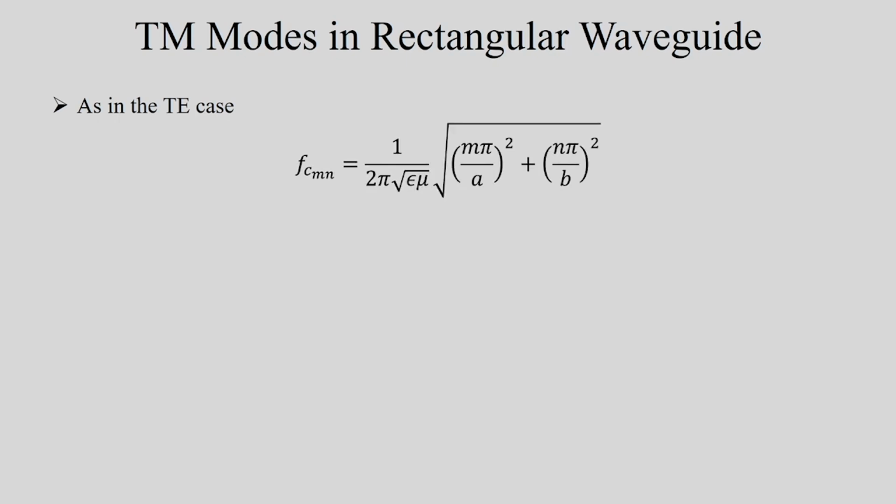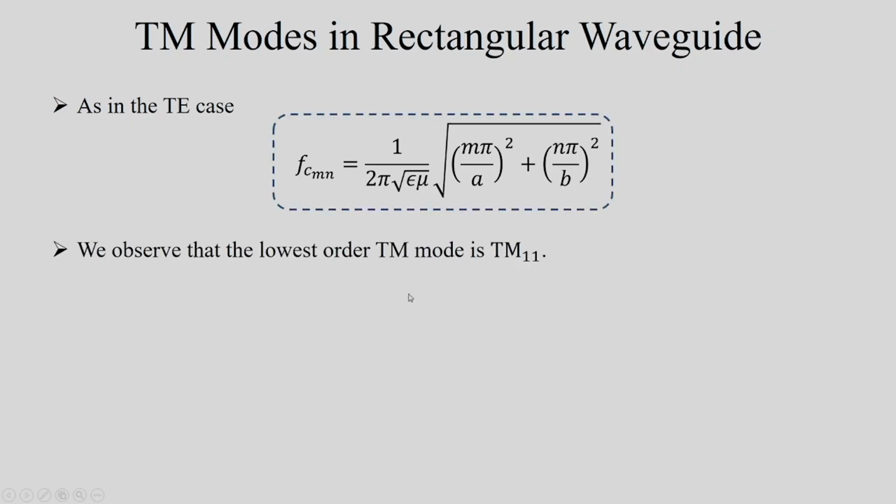As in the TE case, we have f_c,mn, the cutoff frequency, given by 1 by 2 pi root mu epsilon times the square root of (m pi by a) whole square plus (n pi by b) whole square, and we observe that the lowest order mode that is possible for the TM case is TM11.